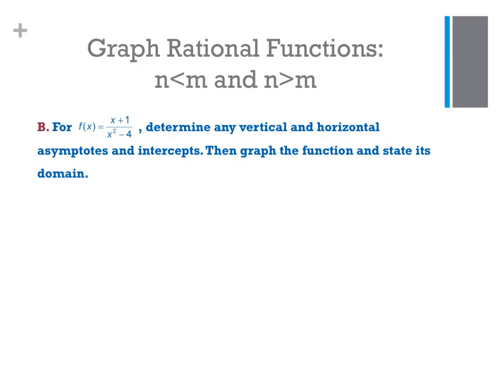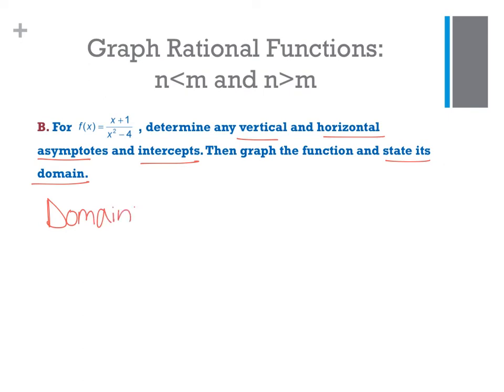All right, so for example B, we have the function f of x equals x plus 1 over x squared minus 4. Same idea here. We're going to determine any vertical and horizontal asymptotes if they exist, as well as the intercepts, and graph the function and state its domain. So I'm going to always start with the domain.